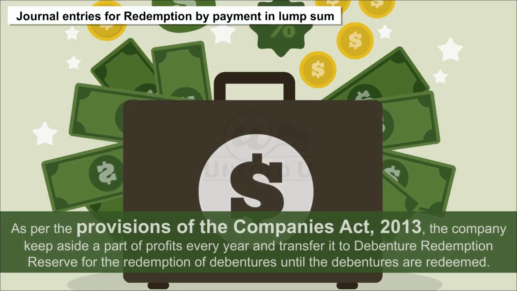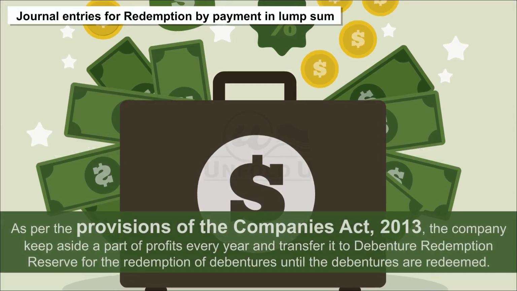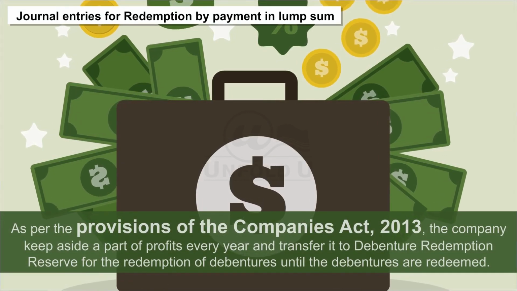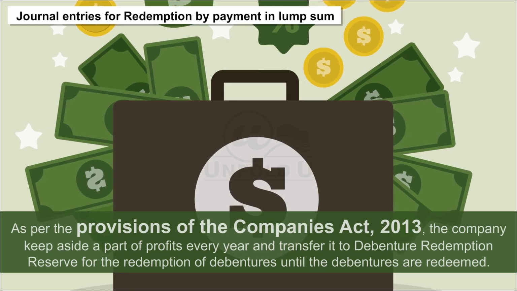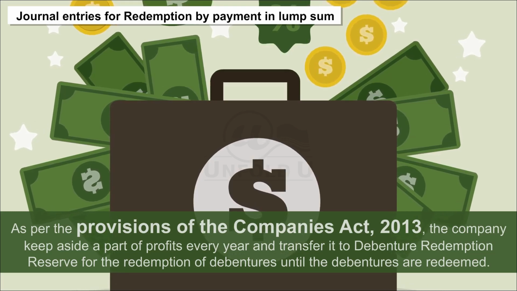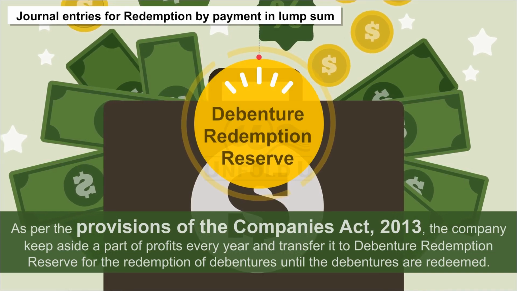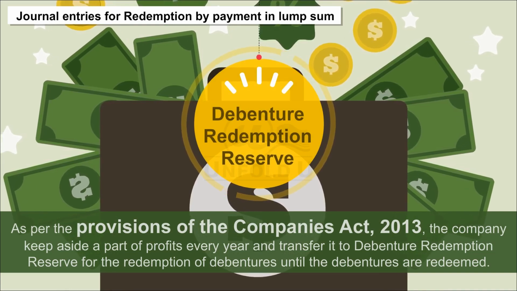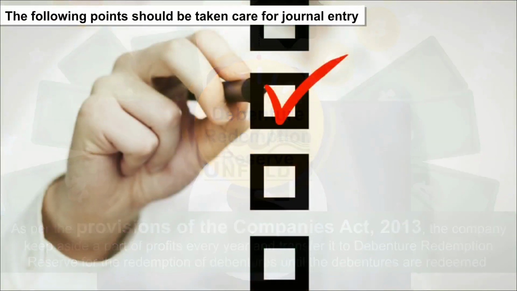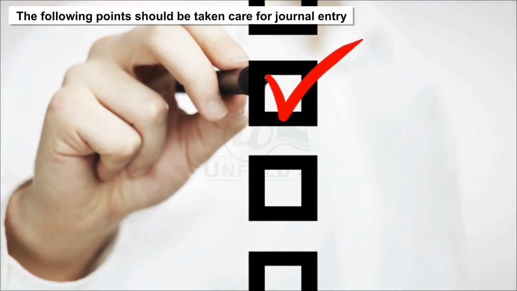As per the provisions of the Companies Act 2013, the company keeps aside a part of profits every year and transfers it to debenture redemption reserve for the redemption of debentures until the debentures are redeemed. The following points should be taken care of for journal entry.